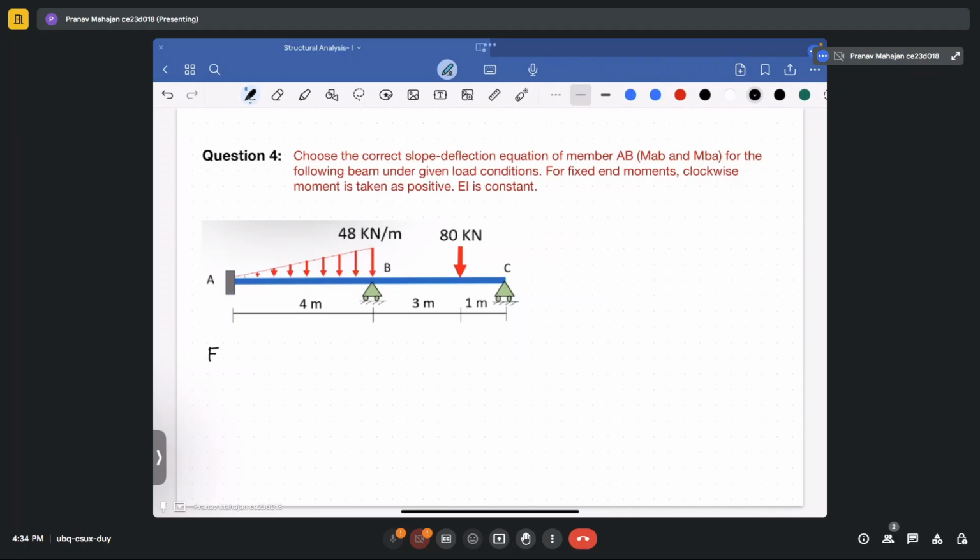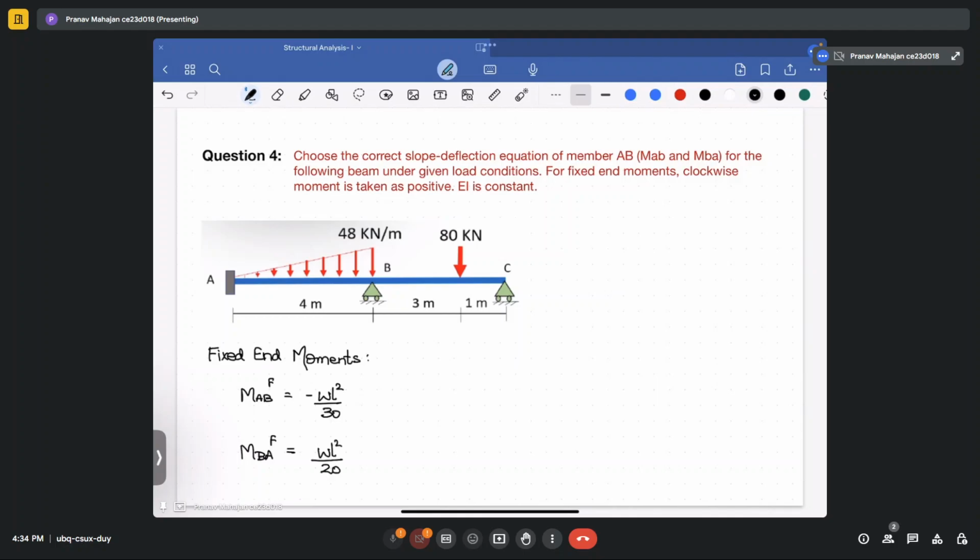So what are the fixed end moments here? You have MABF, that will be equal to minus WL square upon 30, and MBAF will be equal to positive WL square upon 20.